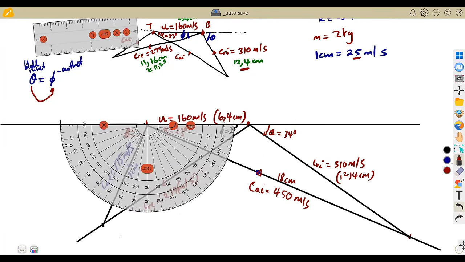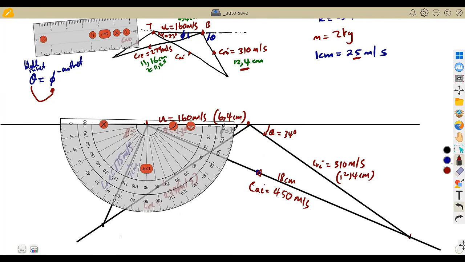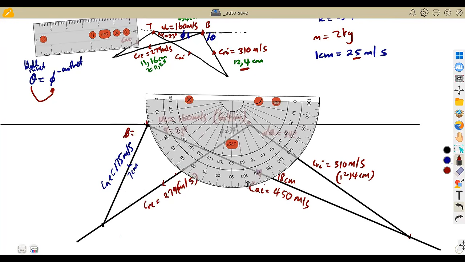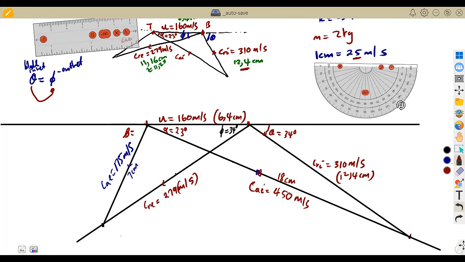So this is 0, 10, 20, 30, 40, 50, 60. So that's at 66, which is 65. It was supposed to be actually at 65, all right? Like I said, you take the value that you're obtaining there, but this was supposed to be at 65 degrees. Mine is 66.